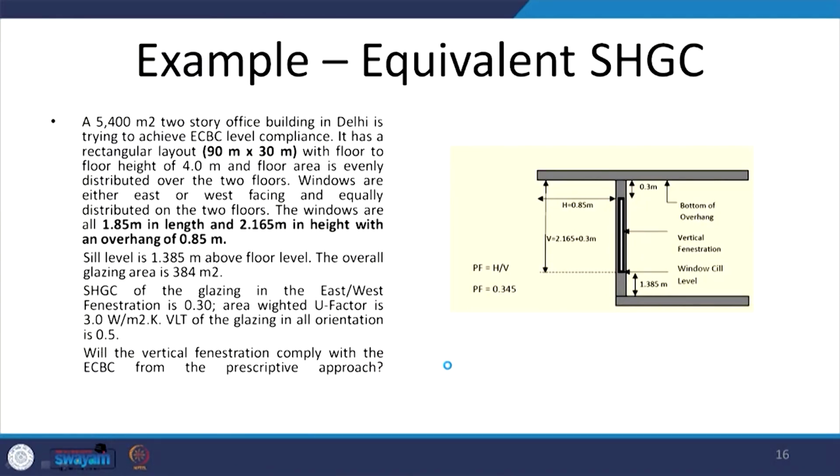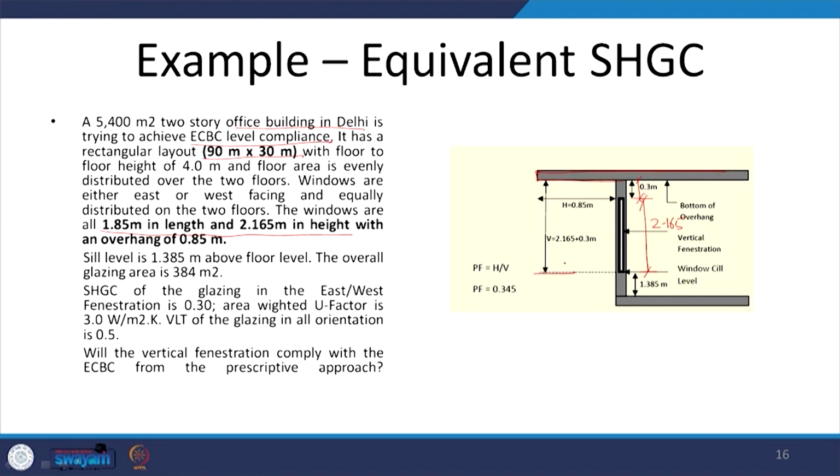This is a 2-storied office building in Delhi again, and we have to achieve ECBC compliance. It has a rectangular layout of 90 meter by 30 meter, and the windows are all 1.8 meter in length and 2.165 in height. The projection of this roof slab is further 0.3 meter above the window.